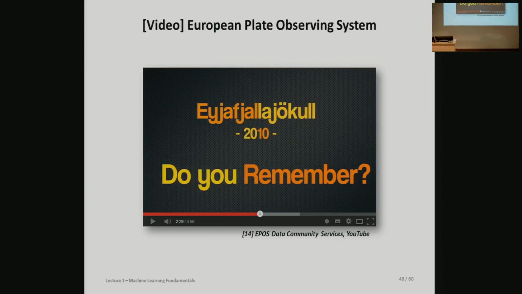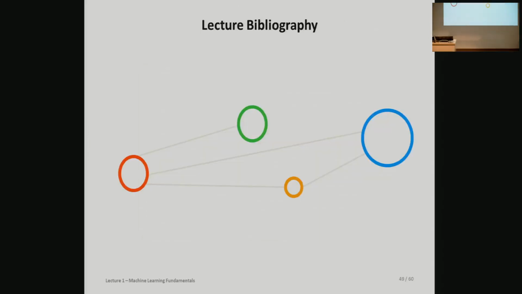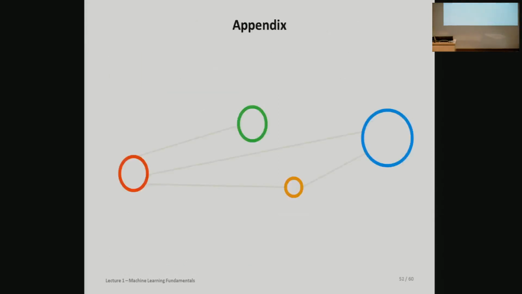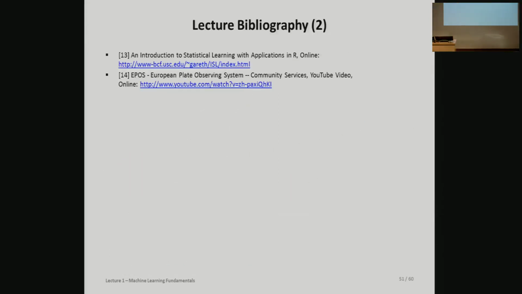Hence, you see that the infrastructure behind it and services are also very important when we talk about machine learning. So this was really the key message I hope I brought across in this video. And of course, everything I talk about and all the different lecture aspects are in the appendix here in the bibliography, and I encourage you to look at some of those.